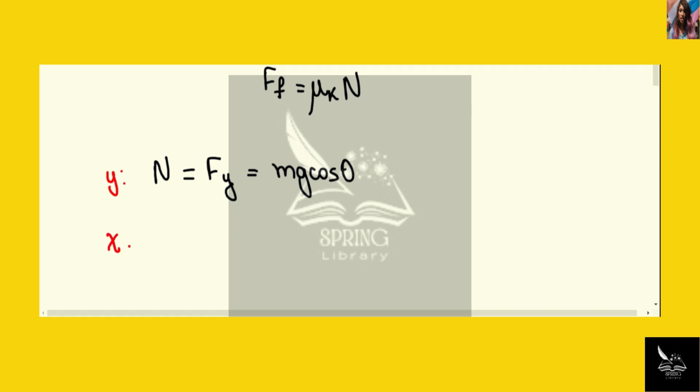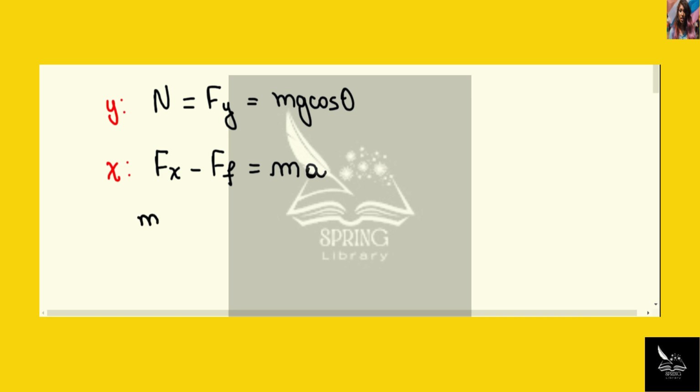In the x direction, we have that the sum of the forces is the gravitational force in the x direction minus the friction force. And this is equal to m times a, where a is the acceleration of the block. Now Fx is mg times sine of theta, while Ff, the friction force, is mu k times the normal, which is mg times cosine of theta, and this is ma.